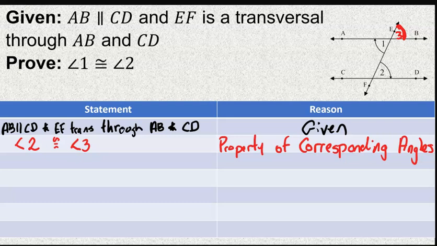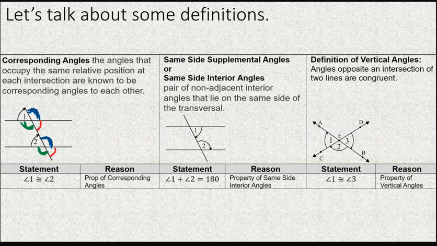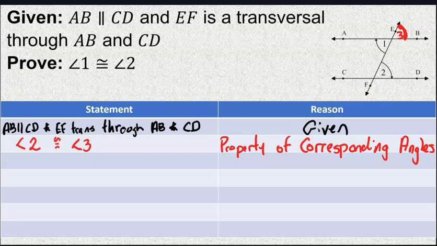Next, I immediately noticed that angle 1 and angle 3 are vertical. Looking back at this definition of vertical angles, I see that I have angles making an X like this in this situation here. So I'm going to state that angle 1 and angle 3 are the same because they are vertical angles.